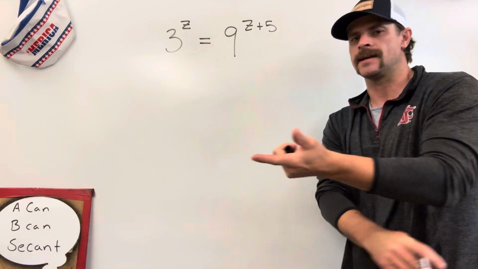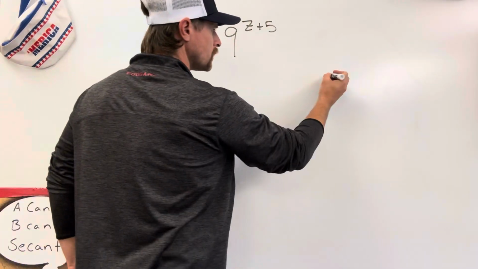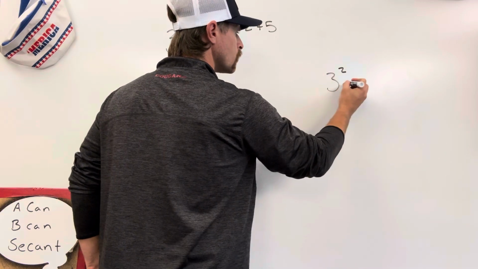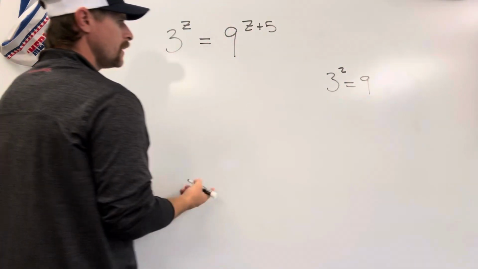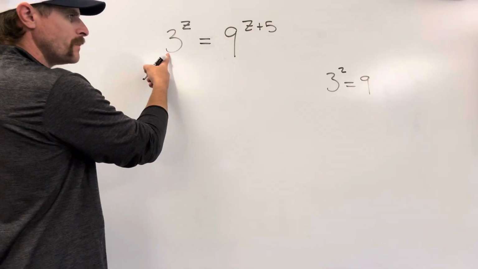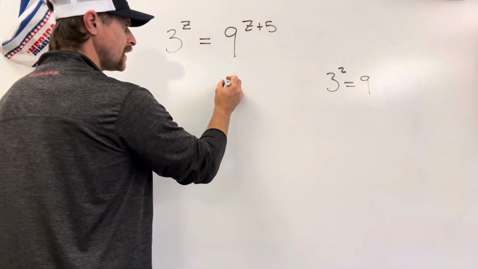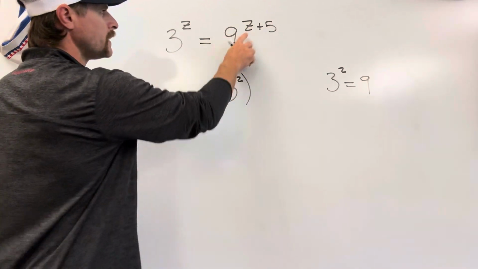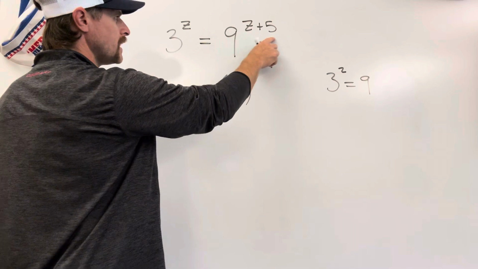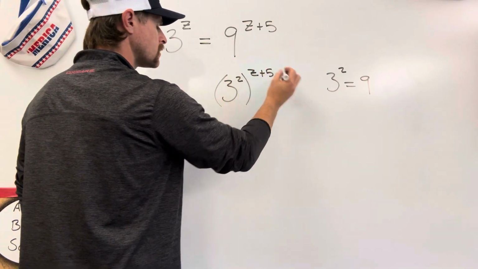And the answer is yes. 9 is really no different, I'm going to write this over here, no different than 3 squared equals 9. 3 times itself makes 9. And because of that, I can make a base of 3 like I have on the left side. I can say 9 is really just 3 squared. And then take this information, the exponent's expression, and put it right outside, like so.